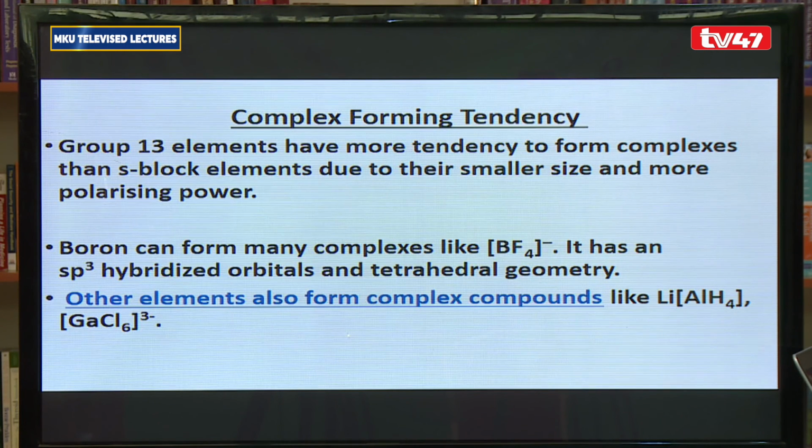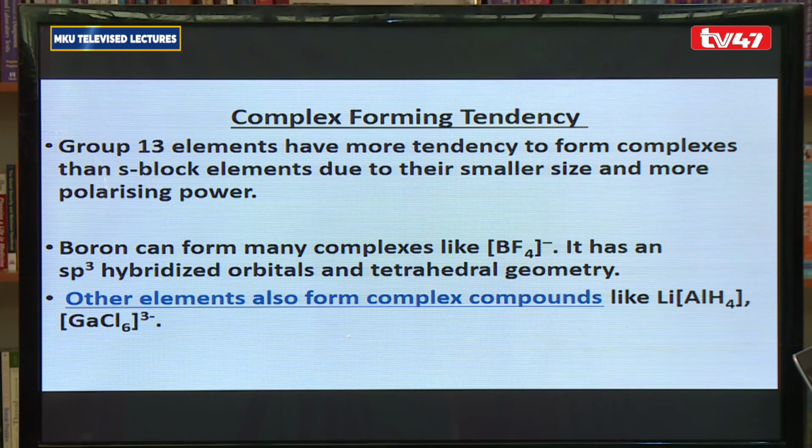Boron has the highest ability to form coordination complexes, for example tetrafluoroborate, and tetrafluoroborate has an sp3 hybridization with a tetrahedral geometry.